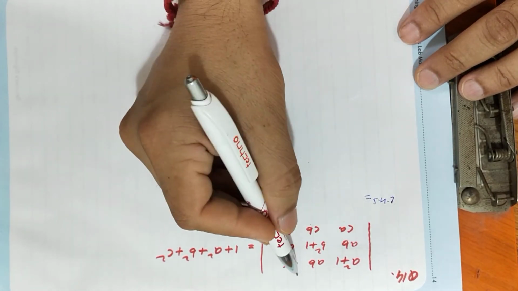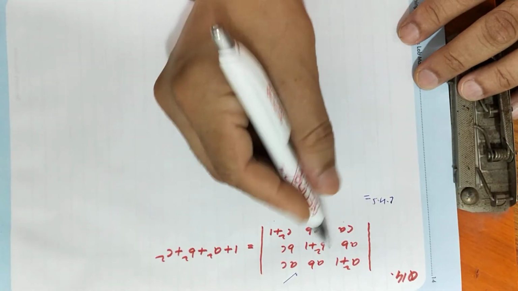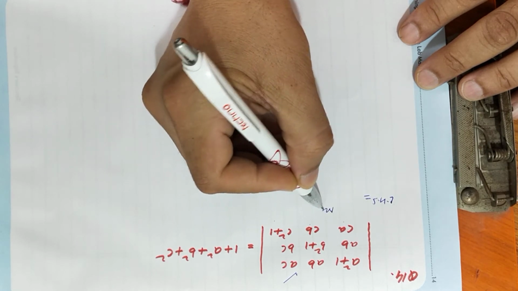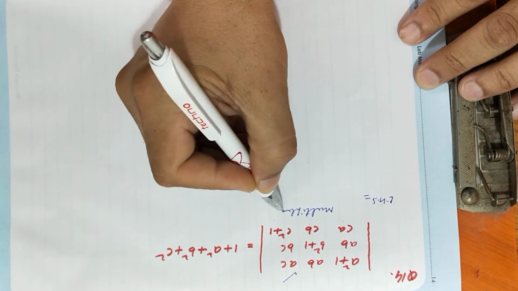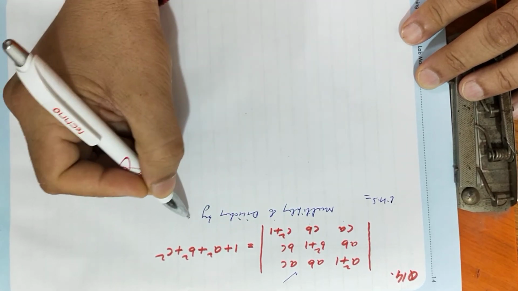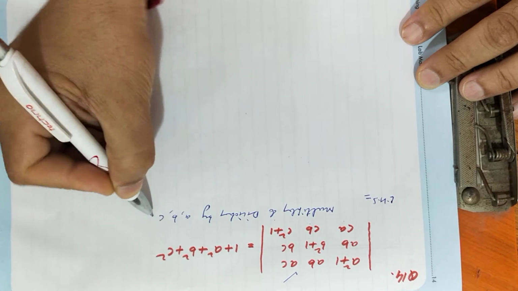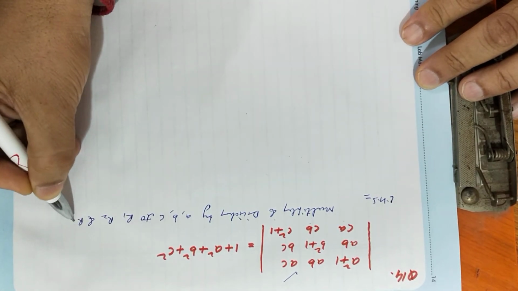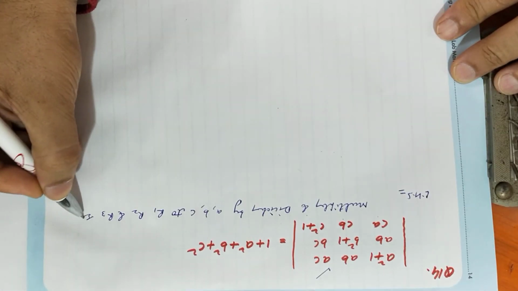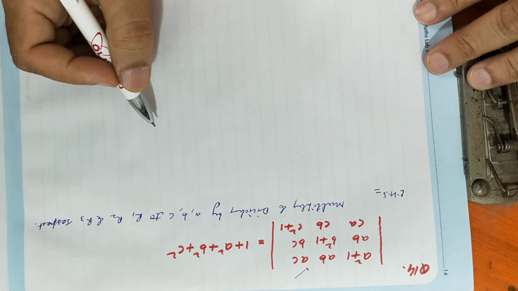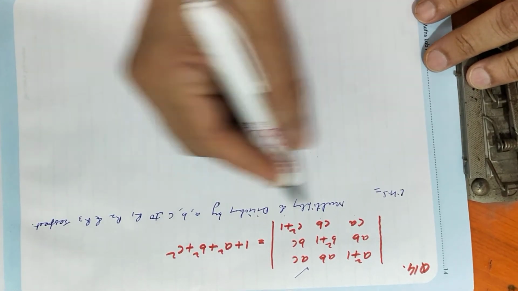The LHS is this. I'm not writing it again. Multiplying and dividing by a, b, c to R1, R2 and R3 respectively. What do you get?